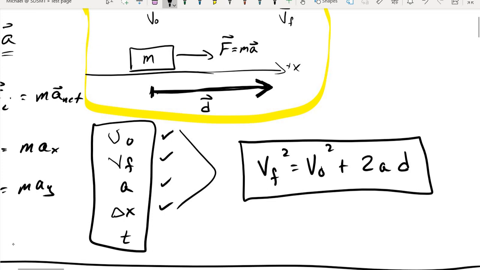The one condition that we had for those kinematic equations to work, at least in terms of deriving them, was that we had to have a constant acceleration.